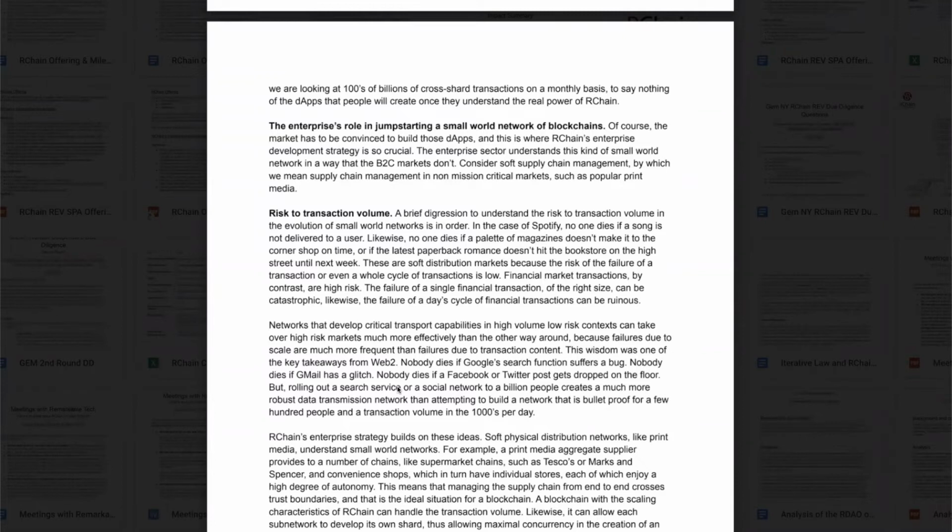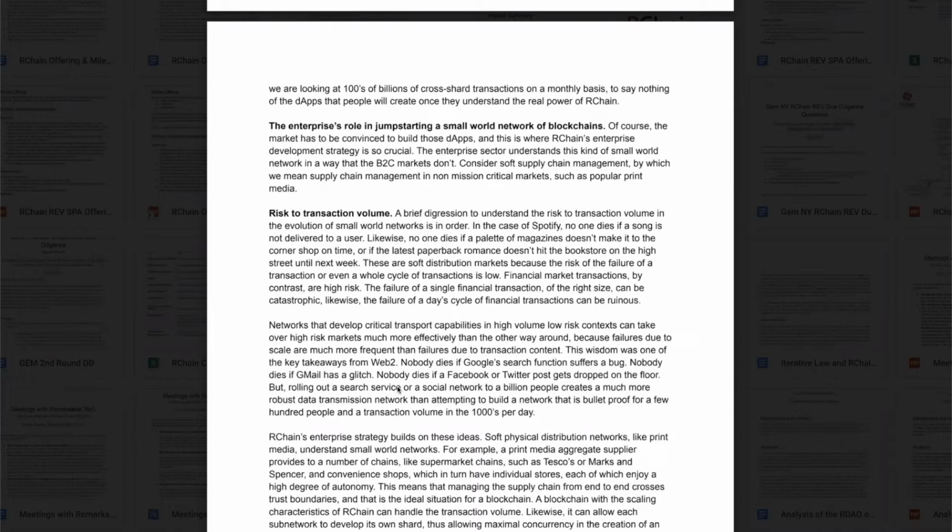So every hop in that network is correlated to autonomy, right? So the print media supplier is autonomous from the retail distributors. And in many cases, the actual retail outlets, the convenience stores, the grocery stores, are also autonomous from the chain, right? So for example, in franchise model situations.